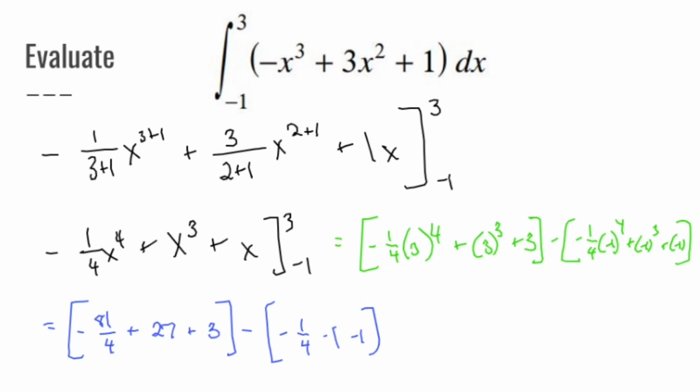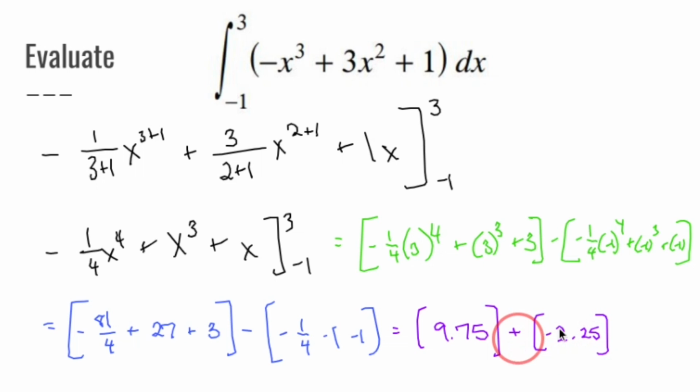Let's change colors. I'm just going to use decimals because that's probably the easiest way to go. That's negative 20.25. This guy becomes 30, so negative 20.25 taken away from 30 is 9.75, minus negative a quarter minus 2, so negative 2 and a quarter.